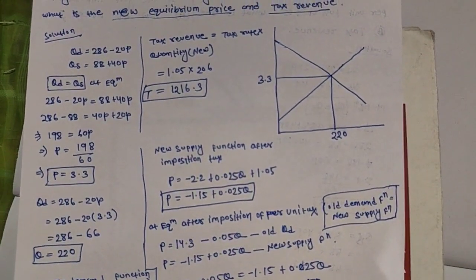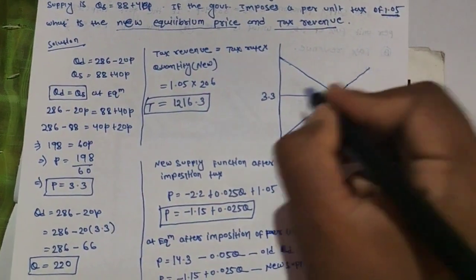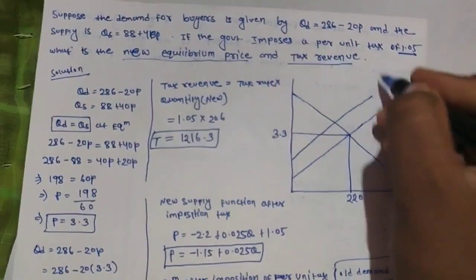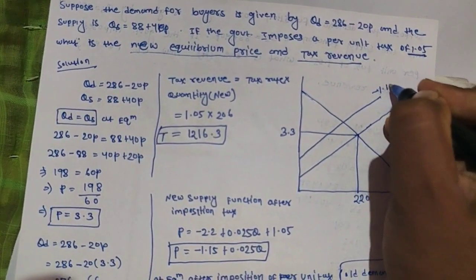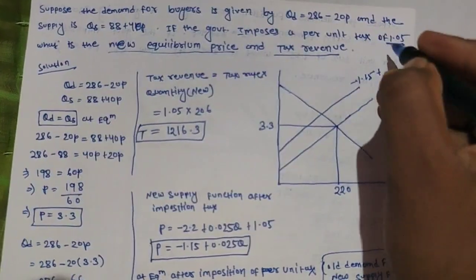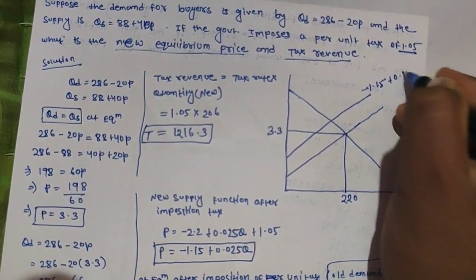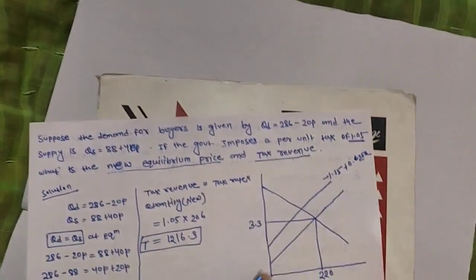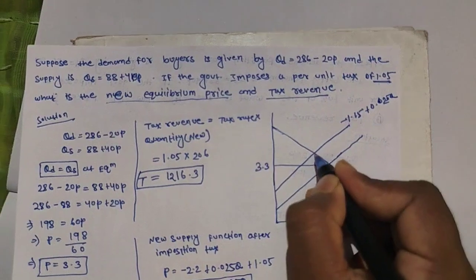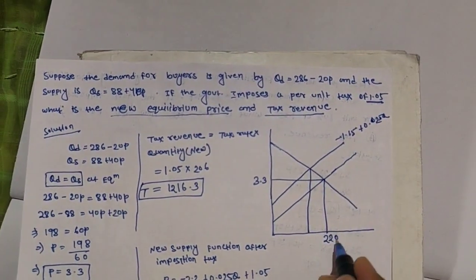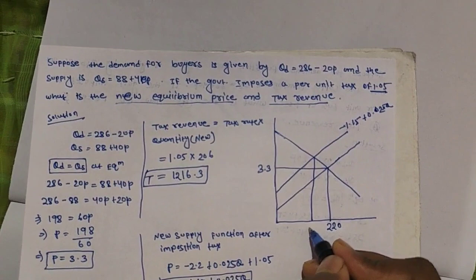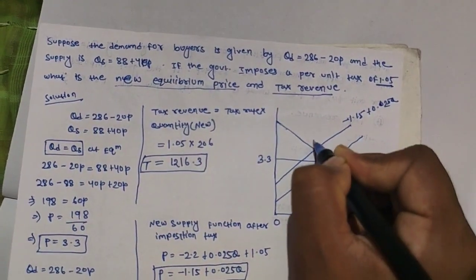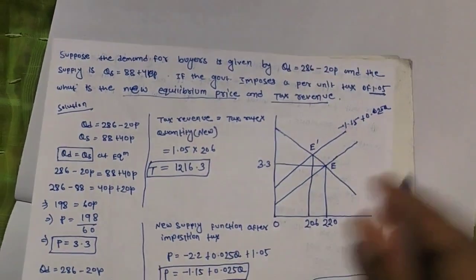After imposition of tax, the supply curve shifts towards the left. So the new supply curve is this, -1.15 + 0.025q. The quantity reduced from 220 to 206. This is equilibrium point E and this is equilibrium point E dash after imposition of the tax.